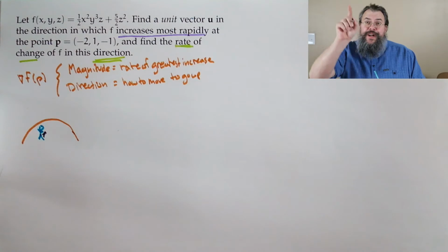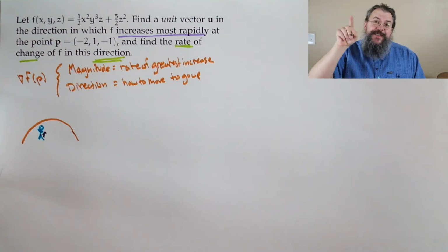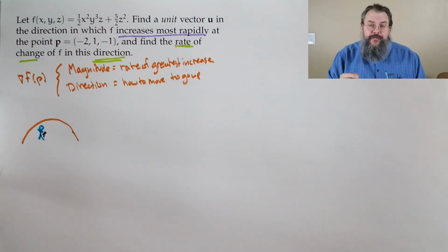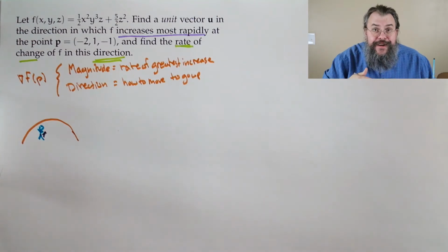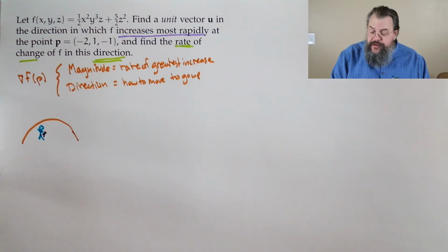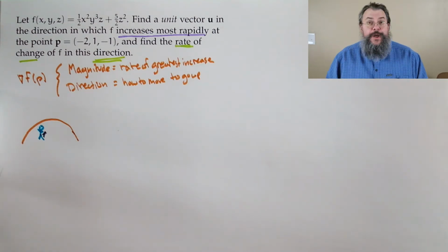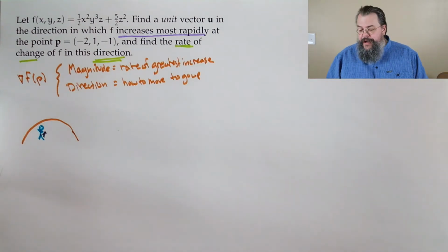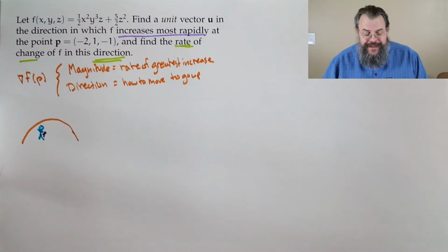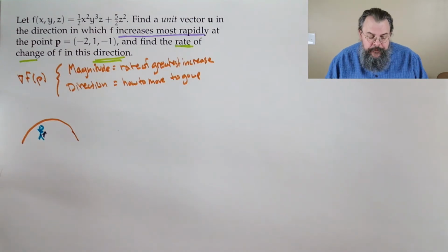So the gradient is pointing uphill, say that's the steepest way to go. Now if you wanted to move down, well, then you go opposite the gradient. But that's a different story. We want to move up. We're the optimist in this problem. Up, up, and away.